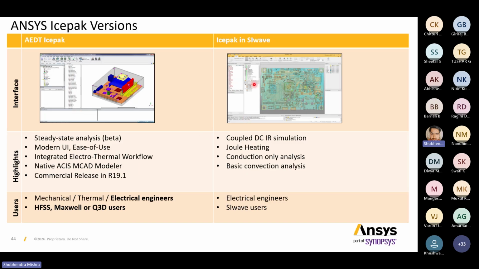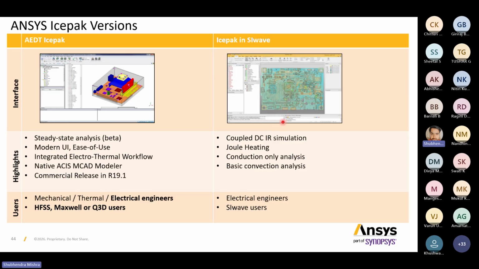When I am doing some signal integrity and power integrity analysis at the PCB level in SIwave, I can couple that model directly with Icepak in SIwave itself. With this integration there will be no data loss.